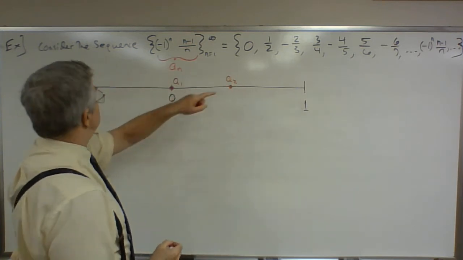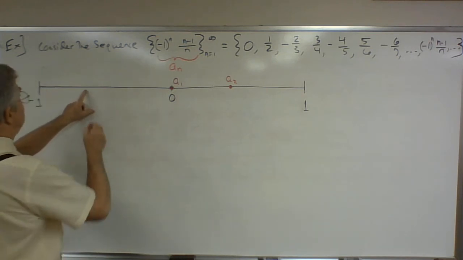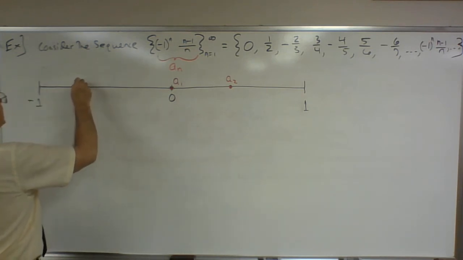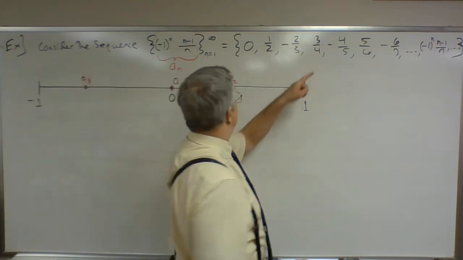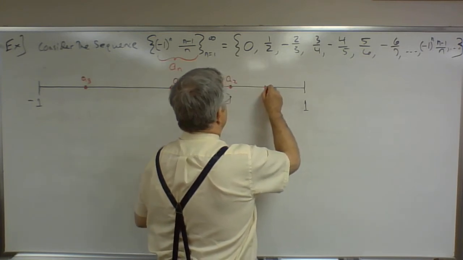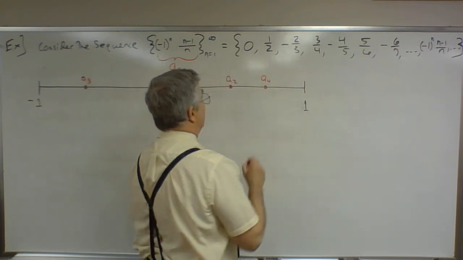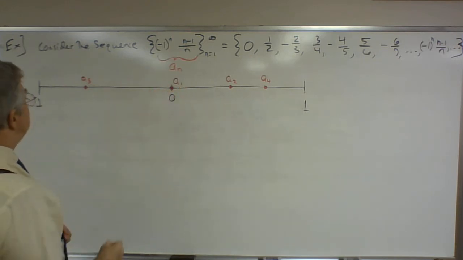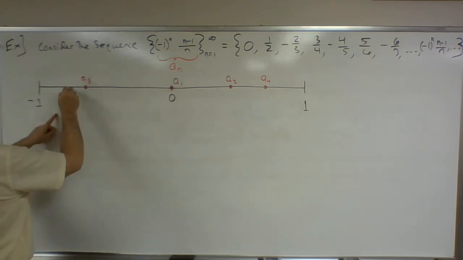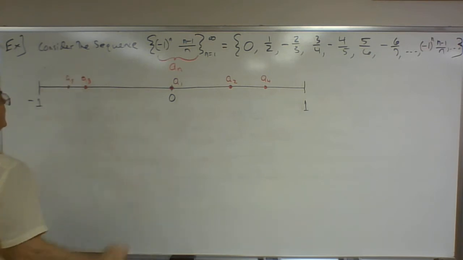A sub 3 is negative 2/3, so right about here. And a sub 4 is 3/4, so here's a sub 4. A sub 5 is negative 4/5. So let's see, maybe right here. Yeah, it's a good estimate.